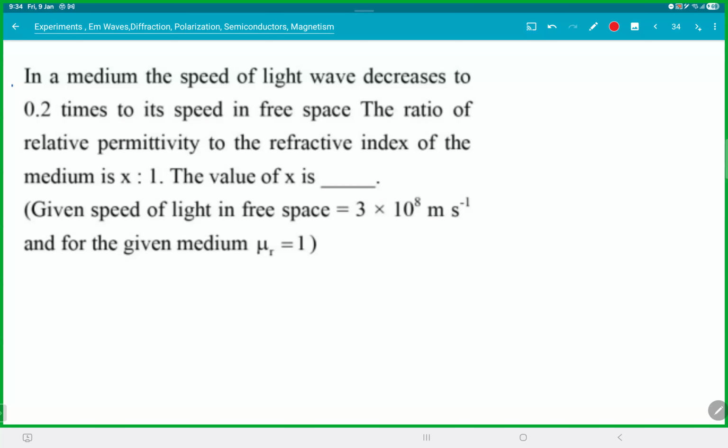Do you guys remember the formula for this? Refractive index mu is equal to root over mu relative epsilon relative. This is the refractive index. Mu r is your relative magnetic permeability.